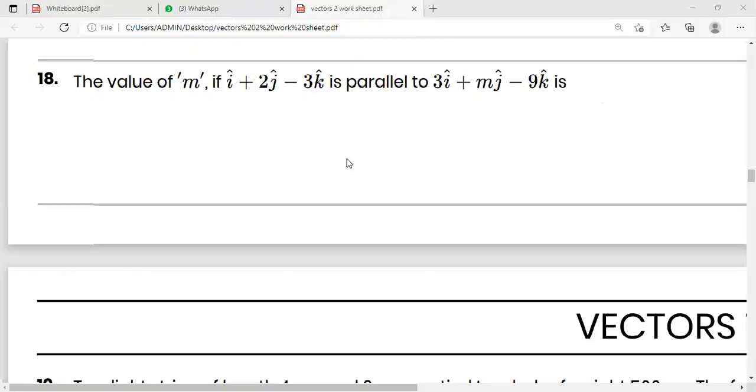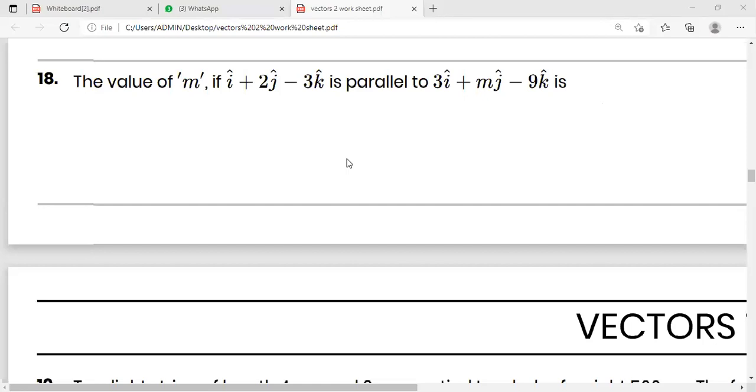Question. The value of m, if i cap plus 2j cap minus 3k cap is parallel to 3i cap plus m j cap minus 9k cap. Two vectors were given, and they are parallel to each other. Parallel in the sense that the direction should be the same.